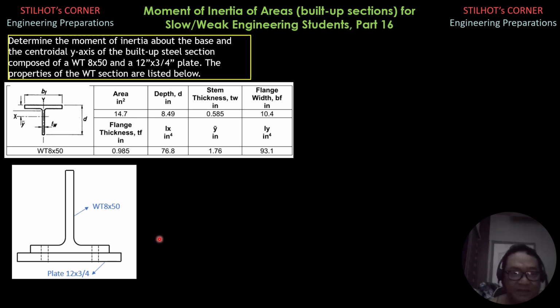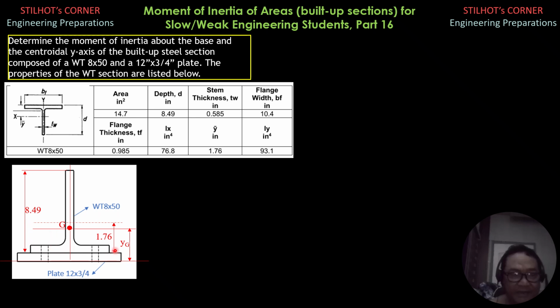First, let's have the location of the centroid of the entire built-up section and the corresponding labeling. So that's 1.76. This is YG of the entire section, the depth of the WT section.